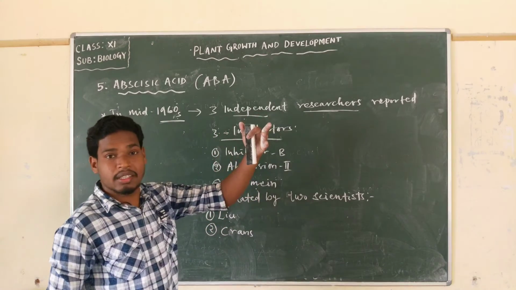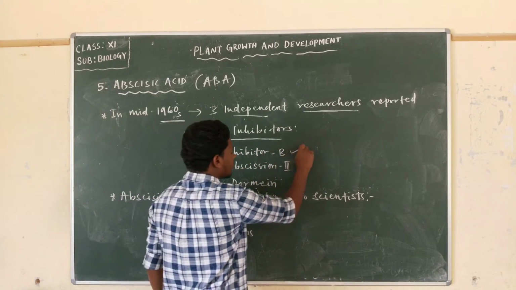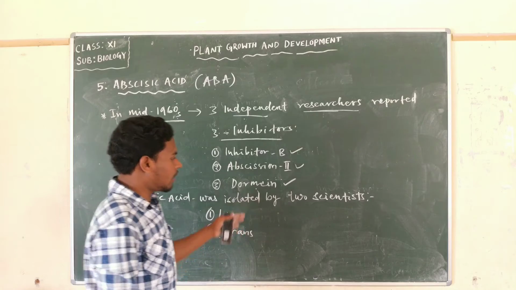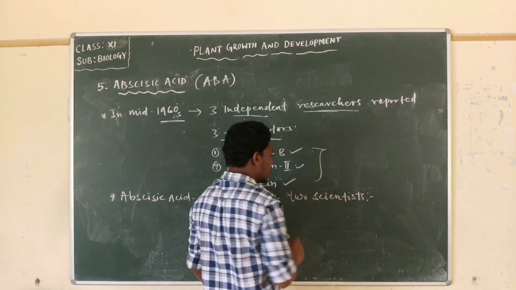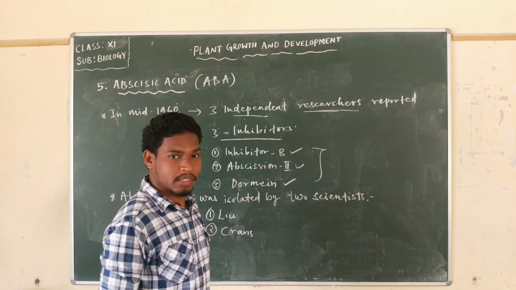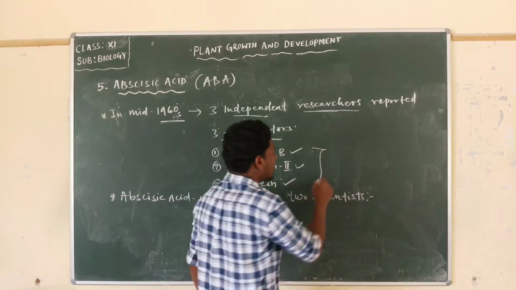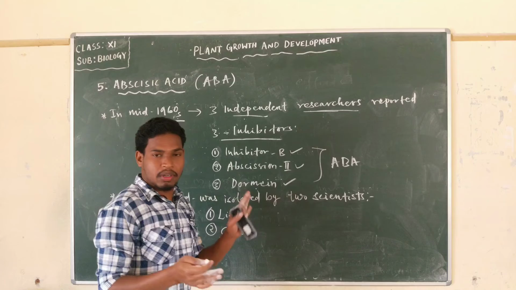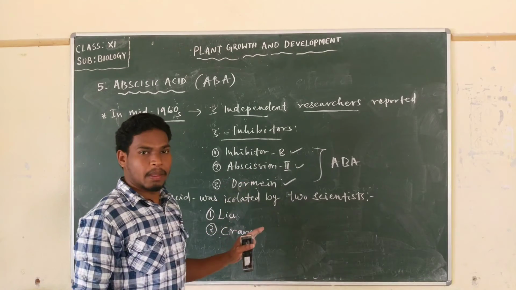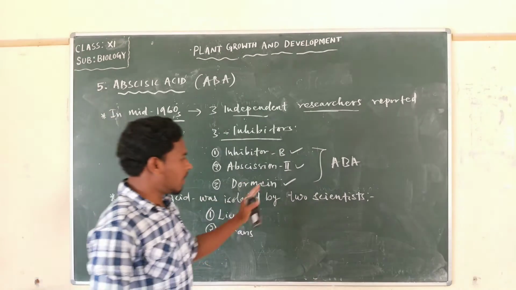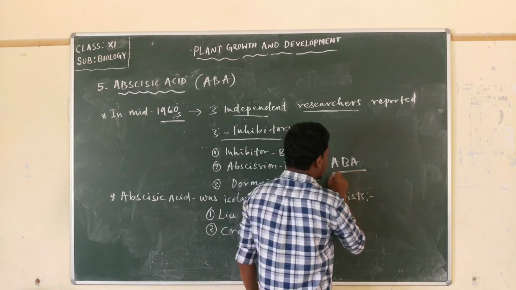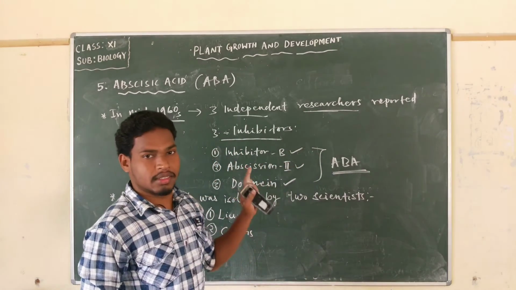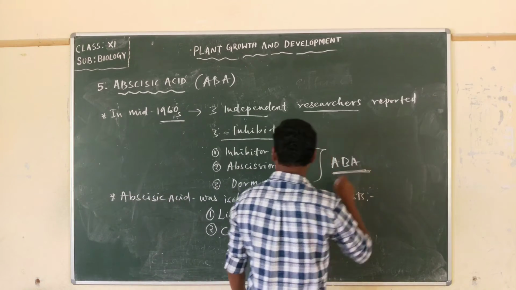These three independent researchers found separate inhibitors, and later on these substances were grouped under abscisic acid. Before, they were found as independent inhibitors, each one separately, and later they were placed under abscisic acid. So all the substances which act as inhibitors are placed under abscisic acid.